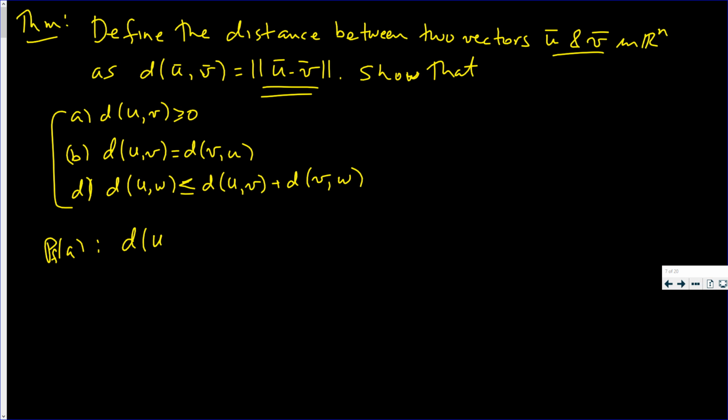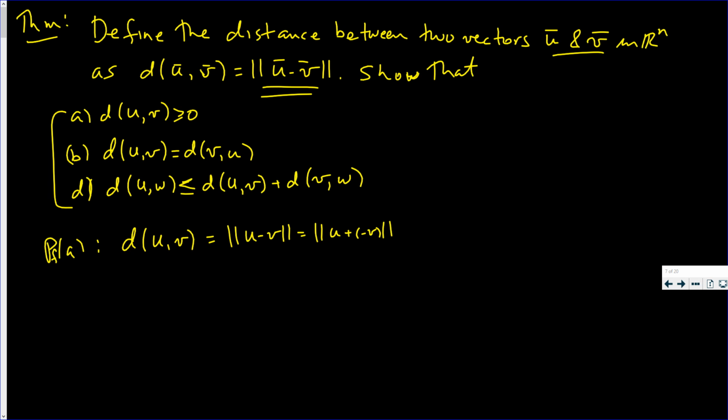By definition, the distance between u and v is the length of u minus v. But that's the same as, I don't know if we need to say this, u minus negative v.